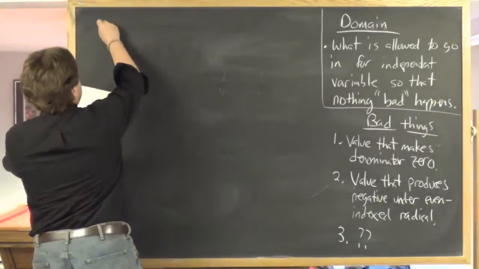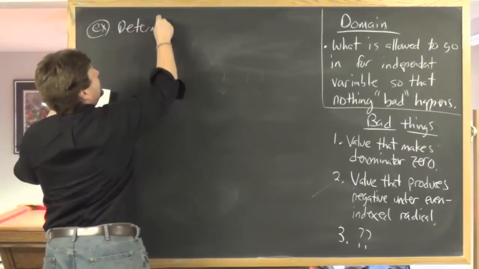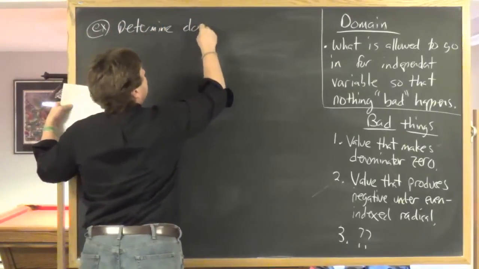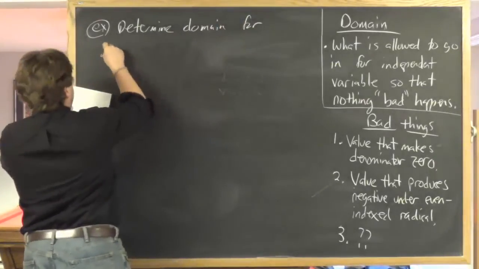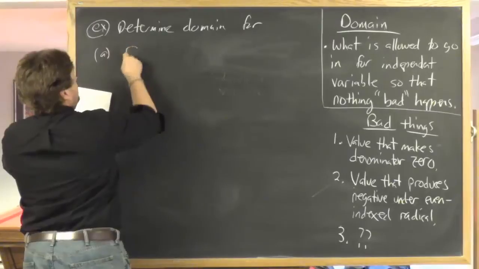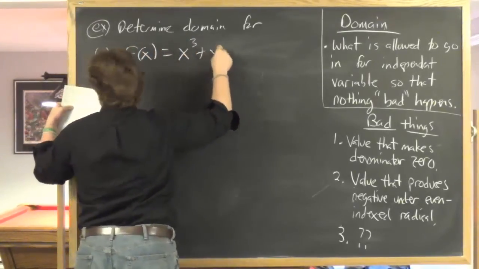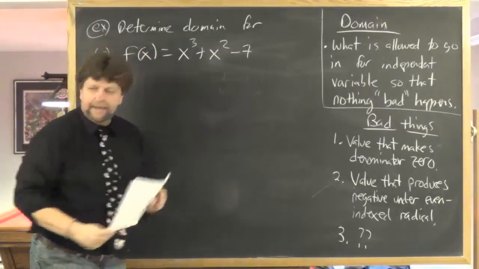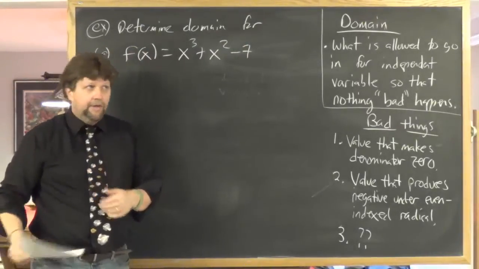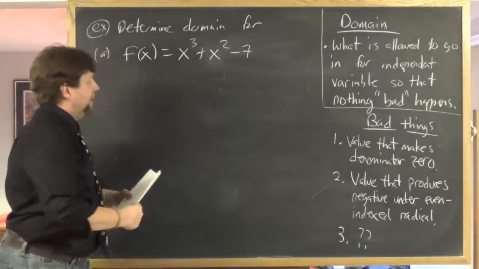So here's my first example. Typical directions, determine the domain for, and here's the first function I have. f of x is x cubed plus x squared minus 7. This is a function that here soon we're going to be calling a polynomial function.